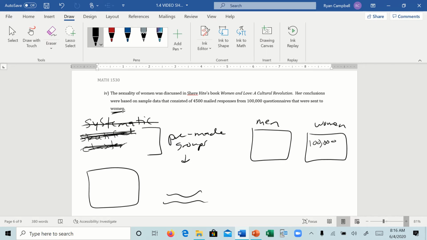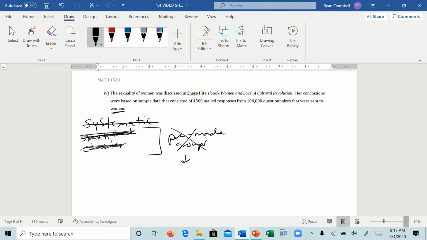And in actuality, there are no pre-made groups in this case. Why is that? Why are there no pre-made groups? So actually, if they're only talking to women, this is the population, right? Which makes sense. You don't want men mansplaining the sexuality of women. So the only population of this study is women.